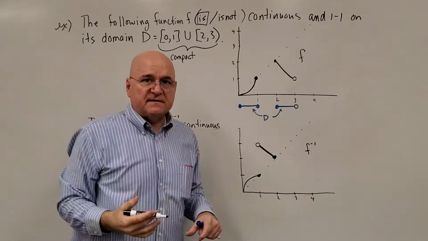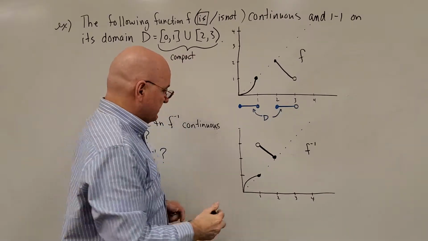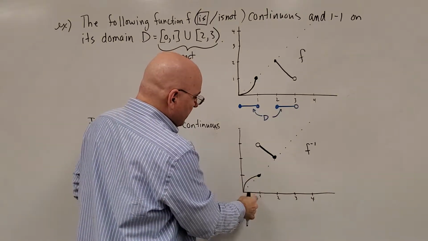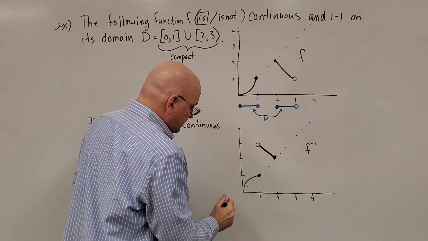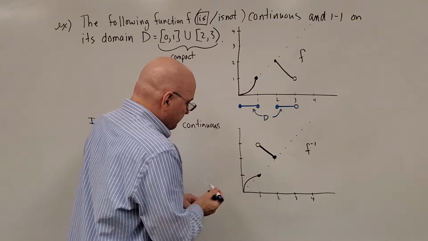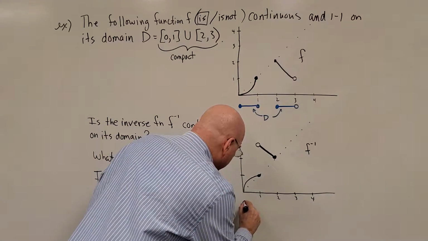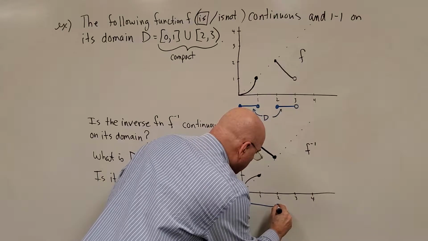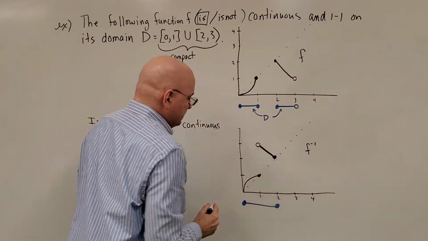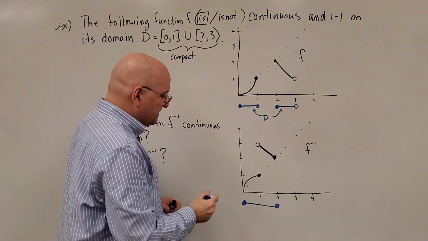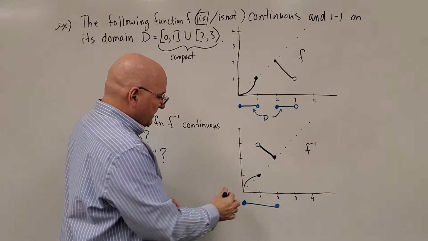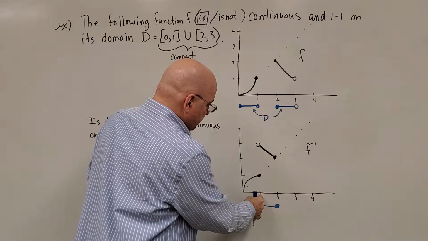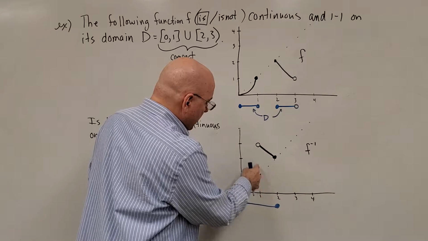And as we expected, we did not get a continuous function. This function is continuous everywhere in its domain. And what is its domain? The domain of f inverse is everything from 1 to 2 inclusive, the closed interval from 1 to 2. At f of 1 is the value 1, not this value.